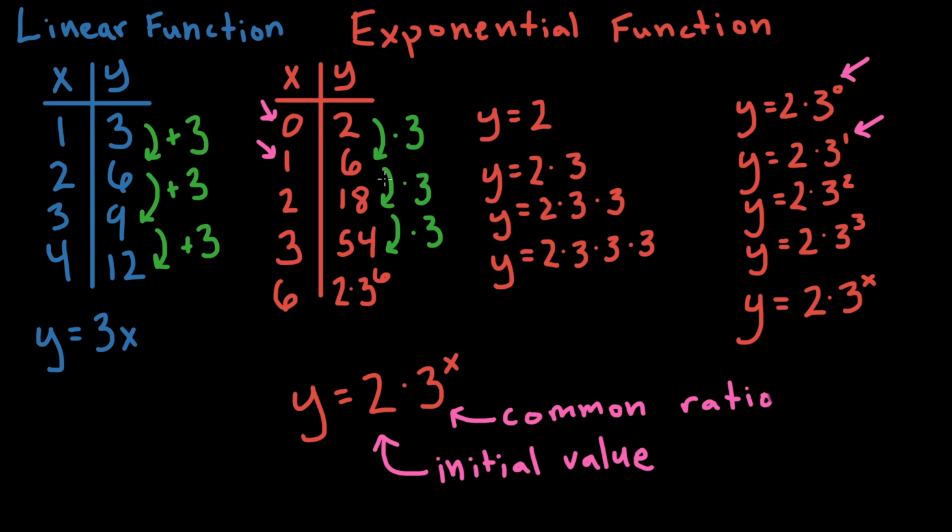We can multiply by 3, we can multiply by 100, we can multiply by a tenth, it has to be positive, but we multiply by a consistent number to get to the next step in the equation. So again, this is an exponential function. The parts of it: this is our initial value, that's our first y value here, which is 2. And then our common ratio is what we multiply by at each step to get to the next step in the function. So exponential functions here in red.